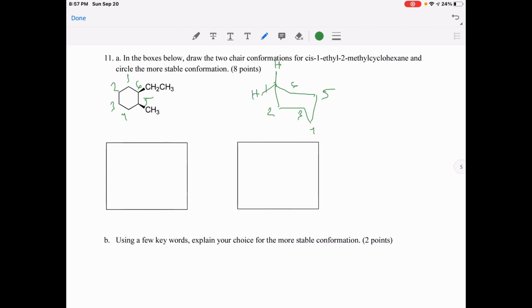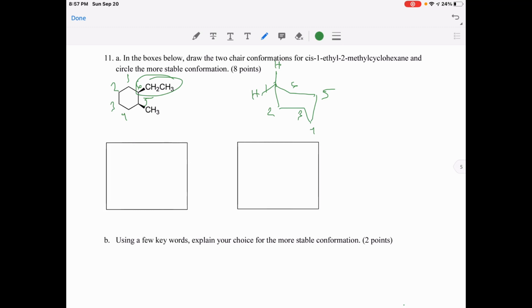And now since we're talking about 6, it would be this carbon right here. So let me just remove the numbering now. Oh, this causes an issue. Let me just try to draw over it.